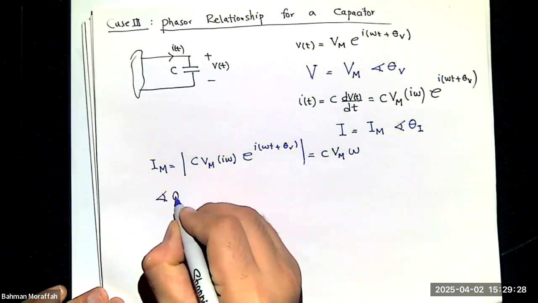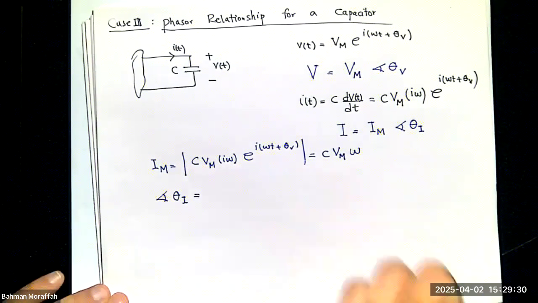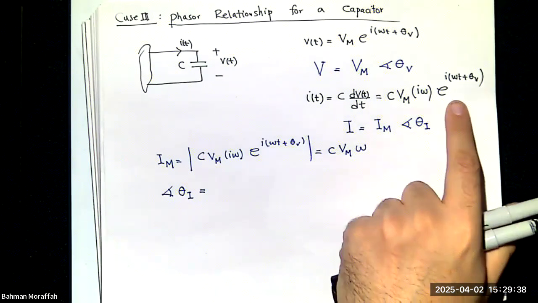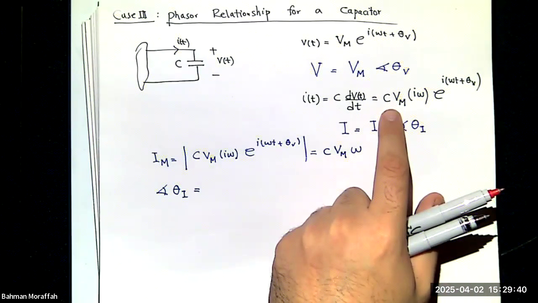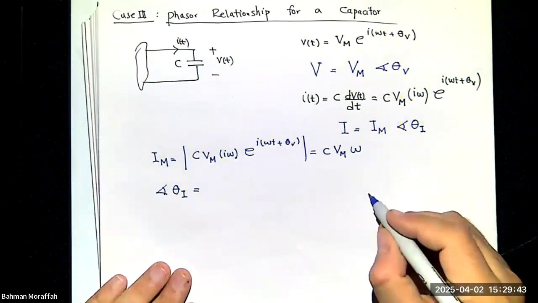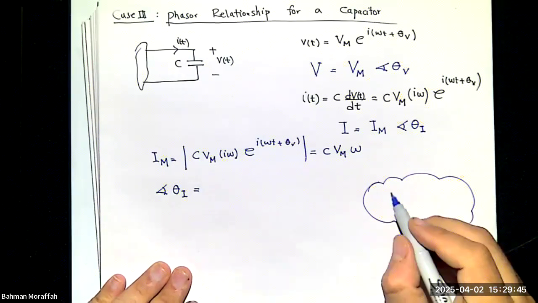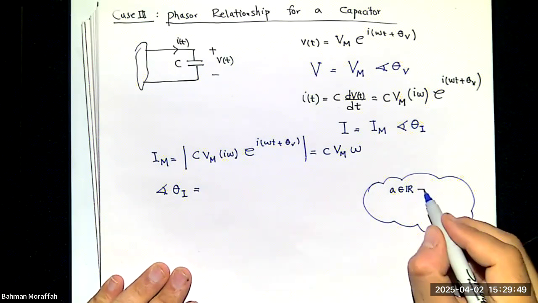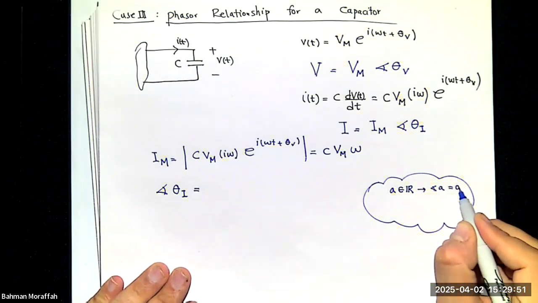What is the phase of i? Again, I have to find the phase of this expression, right? Keep that in mind. I'm going to write it down over here. If A is in R, phase of A is 0.